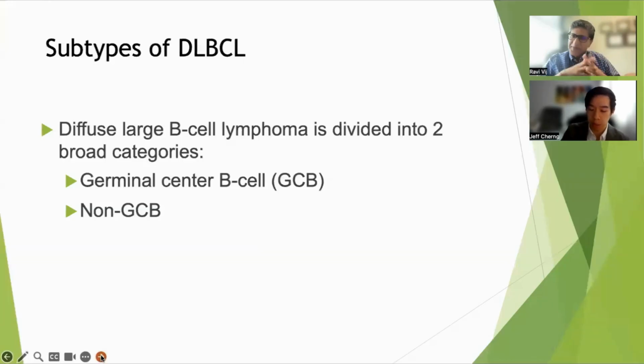And this really just pertains to what kind of cell the lymphoma is developing from when we look at lymphomagenesis as well as B-cell development in general. And so, DLBCLs can be divided into germinal center B-cell subtype or non-germinal center B-cell subtype, which for the most part pertains to the activated B cells.